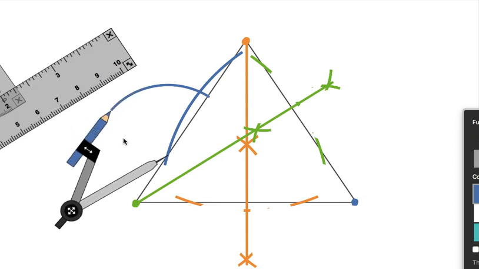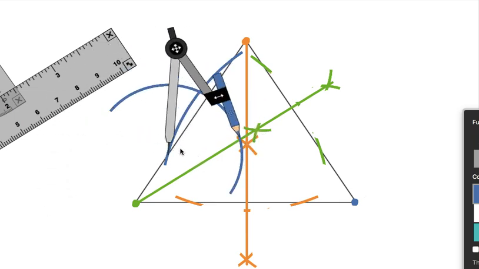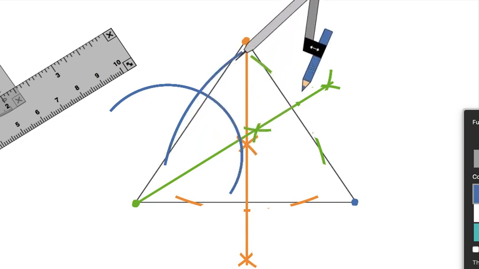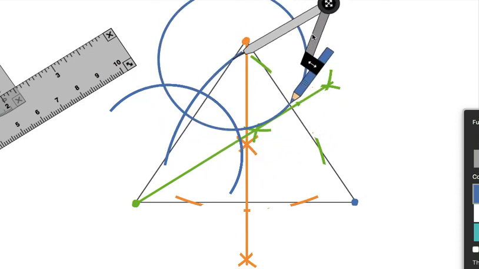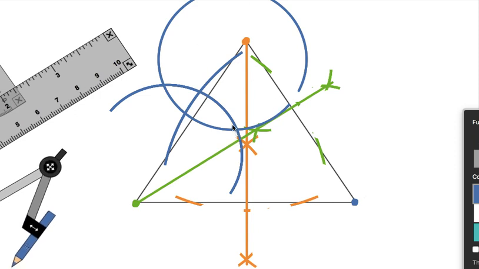And strike the arc above and below. I move to my other intersection. And keeping that same compass measurement, strike that arc so that it crosses in 2 places. And my line segment is going to go through these 2 intersections and that opposite vertex.